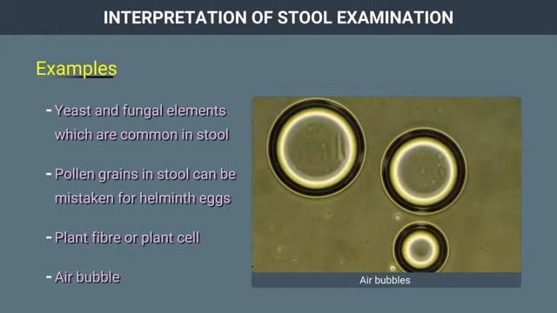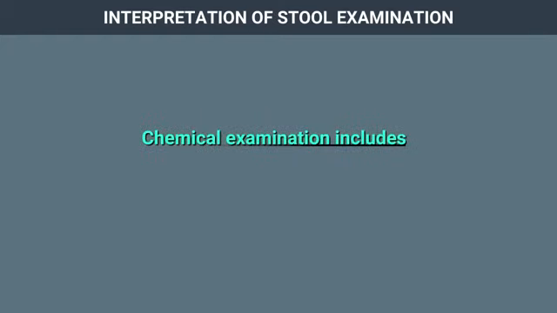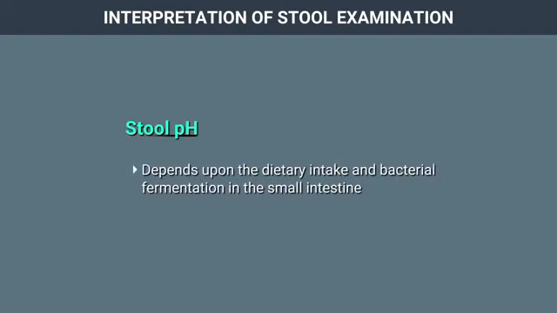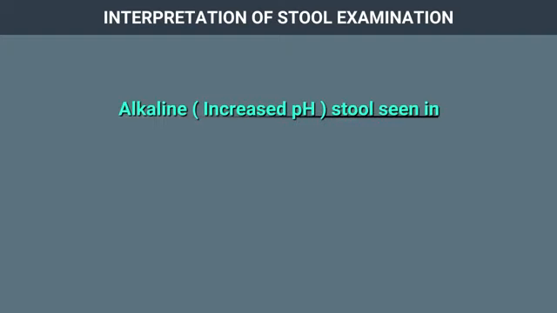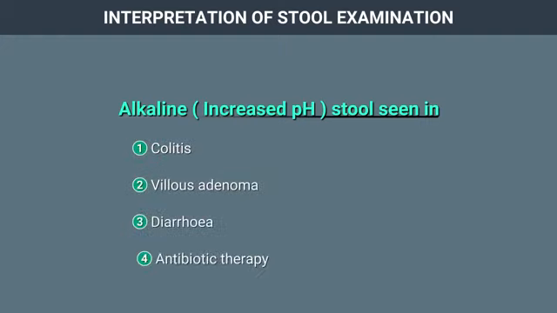Plant fiber or plant cell, air bubbles, etc. Chemical examination of stool includes stool pH and reducing substances. Stool pH depends upon the dietary intake and bacterial fermentation in the small intestine. Alkaline stools can be seen in cases of colitis, villous adenoma, diarrhea, and antibiotic therapy.